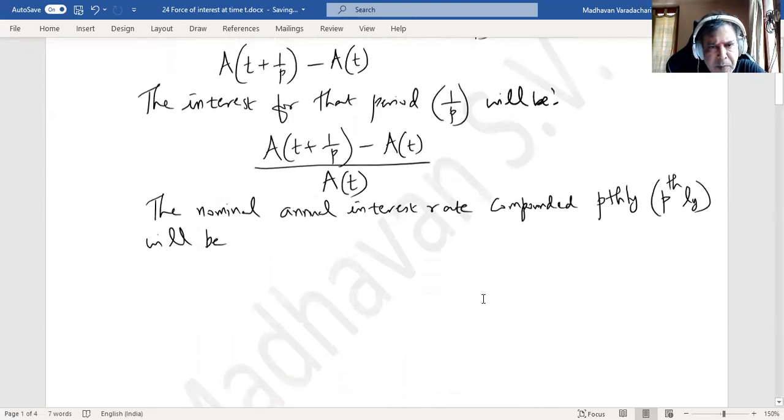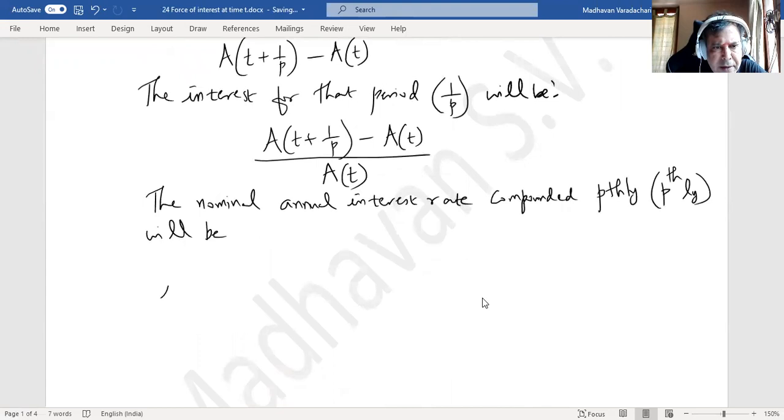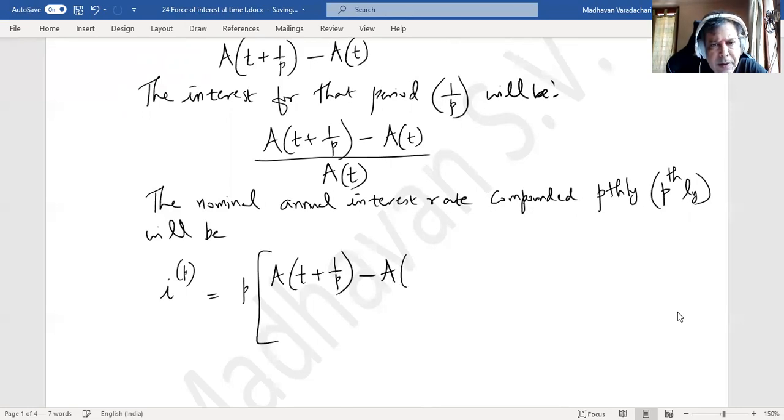So this is for the period 1/p. If I want to calculate it for the whole year, then I need to multiply p times this. So it will become p times [a(t + 1/p) minus a(t)] divided by a(t), the interest, whatever is there.